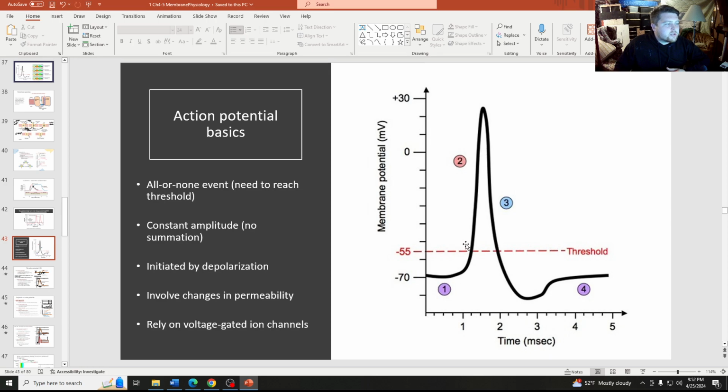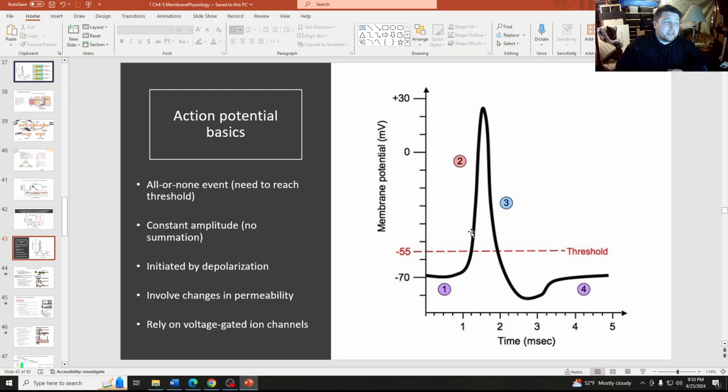And as we go up, when we reach certain voltages, voltage-gated channels are going to either open or close. That's why they're called voltage-gated. When we get a change in the membrane potential, or in the voltage of our cell, we get gates that will open and will close.